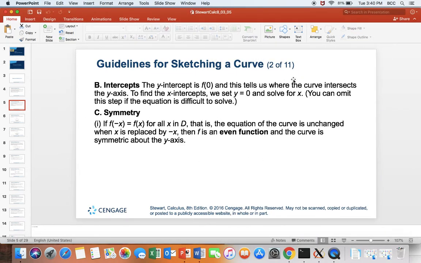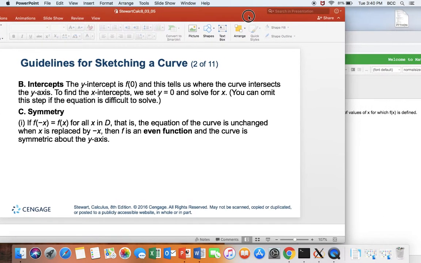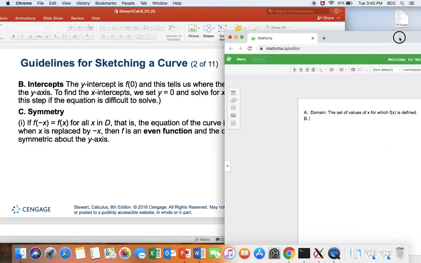Next, intercepts. You need both the x and y intercepts. The y-intercept is where x is 0 and the x-intercept is where y is 0. Okay, so B is intercepts. All right, how do we find intercepts?